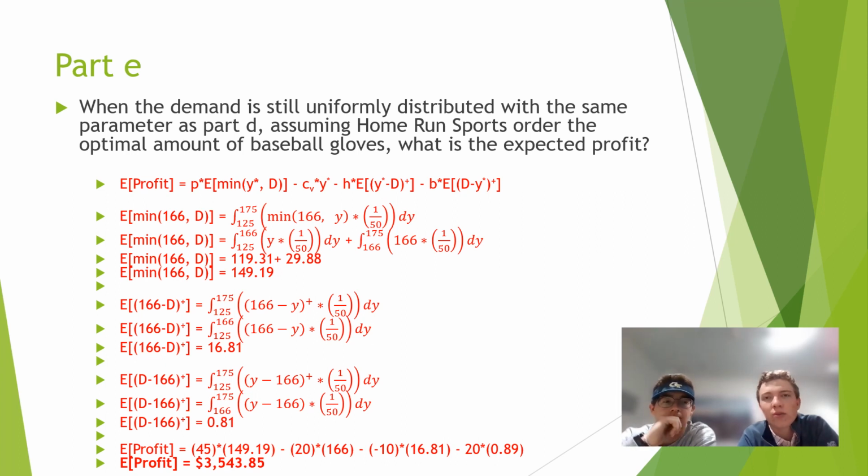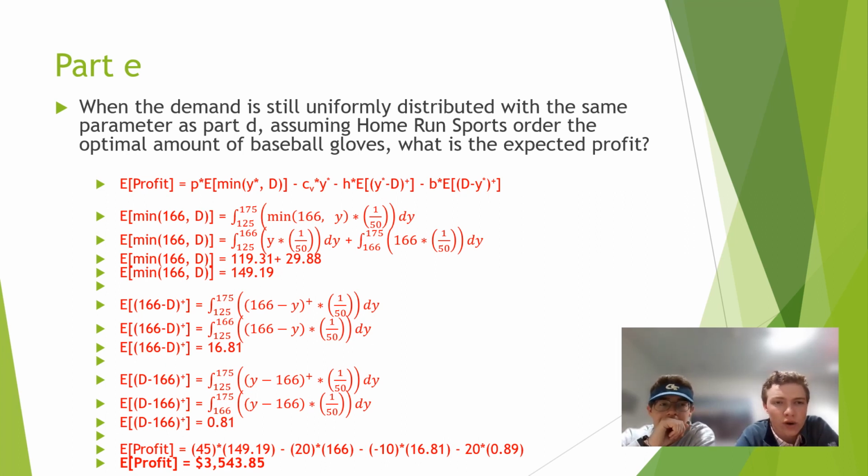Because for any value less than 166, you're going to take the other value, which is just some value between 125 and 166. Once you exceed 166, the minimum will just be 166, so that's why we replace it there.